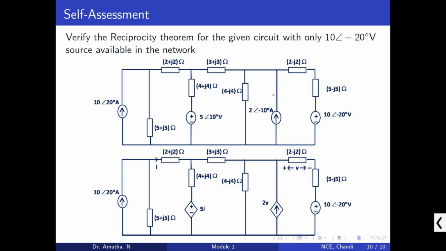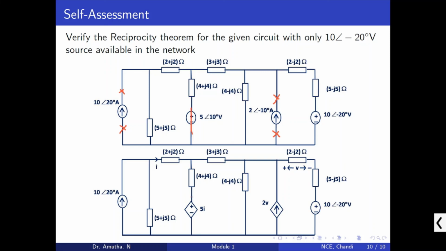So we have to open circuit the current sources, and short circuit the other voltage sources. Only this 10 at an angle minus 20 degree voltage should be available. Here also we can just remove it.